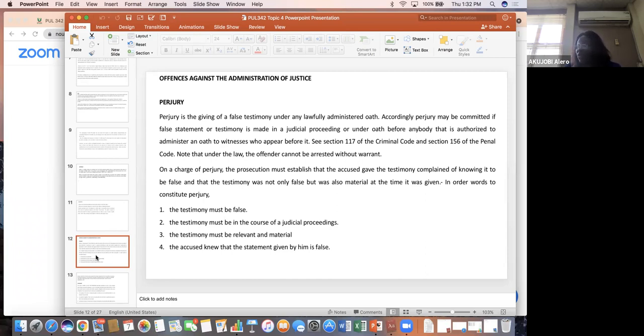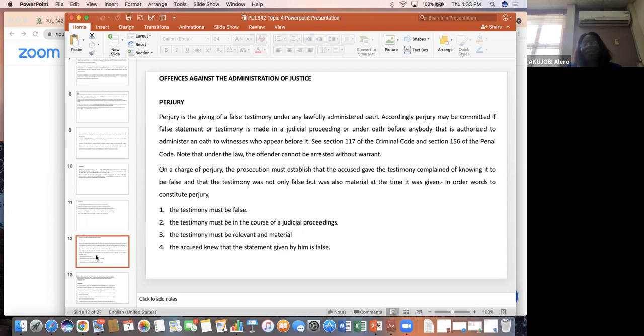For instance, if the accused person is being charged for stealing and is talking about how he has four wives and all of that, that might not really be relevant to the charge of stealing. So what is important is that whatever he said that is deemed to be perjury must be material to the facts in issue.